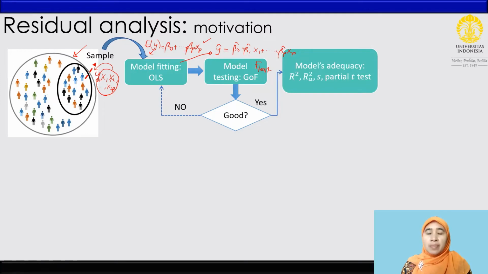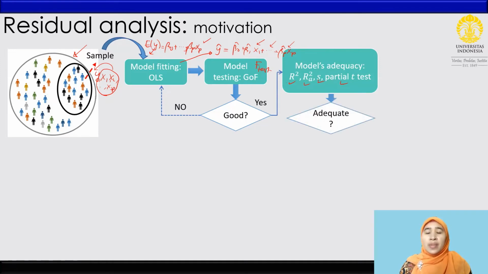Then we can measure it by using the coefficient of determination, that is R squared in here, or we can also use the adjusted R squared, we can use the mean squared error, and then also we can assess which one actually from these predictors X1, X2 all the way to the XP, are they all significant or just some of them that are significant? Which one exactly is really contributing in predicting Y? Then we can do also assessment based on partial t-test.